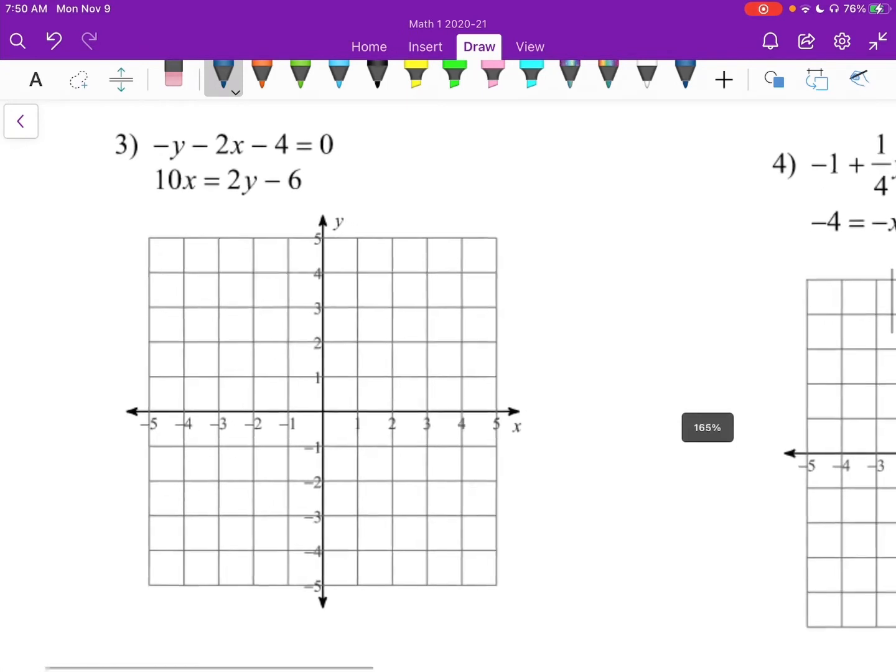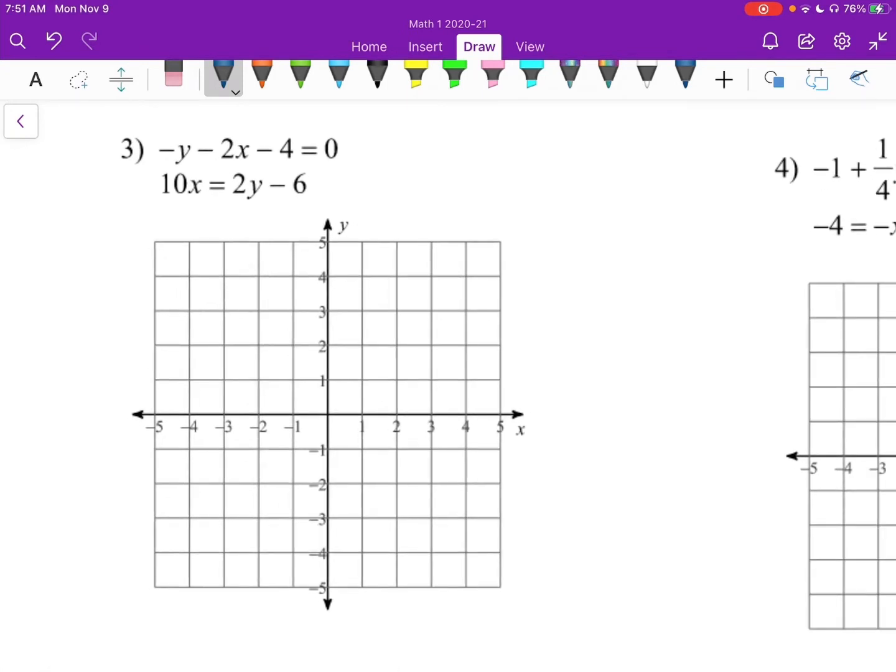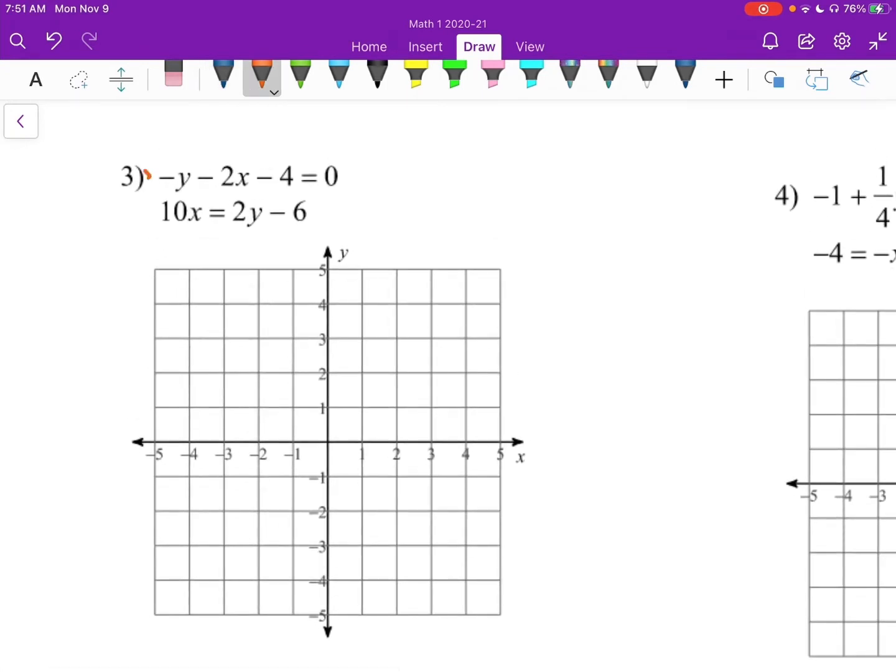All right, number 3. Again, I would really like to get these in slope-intercept form. The orange one here, everything is on the left. But if I were to add this y over, I would have a y equals. So I'm going to do that. -2x minus 4 equals y, right?